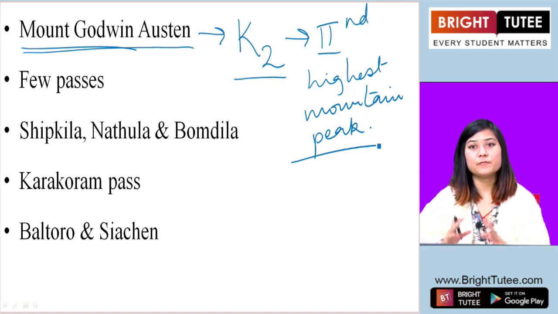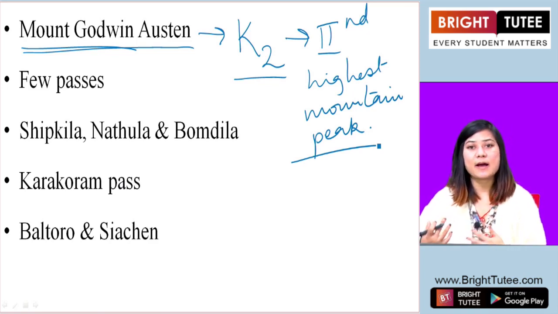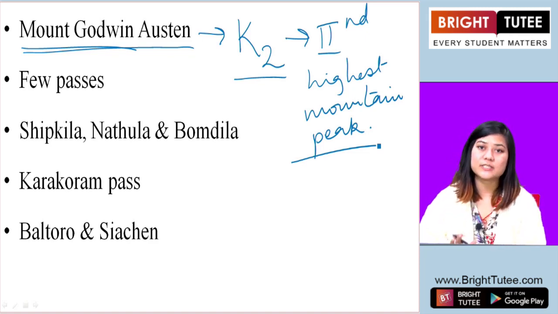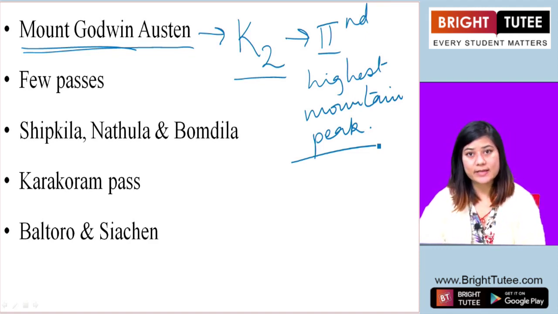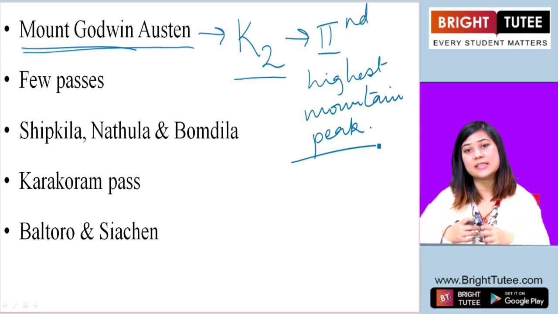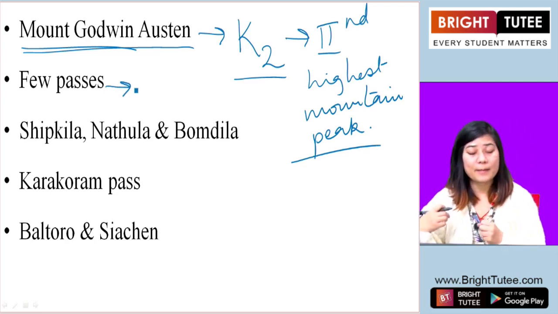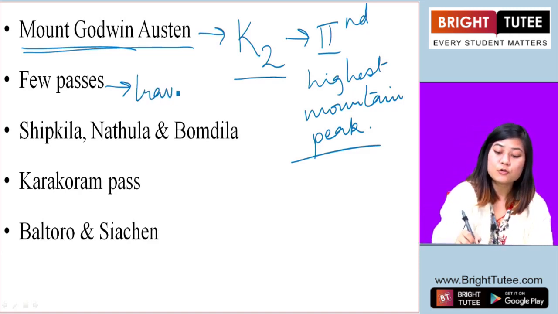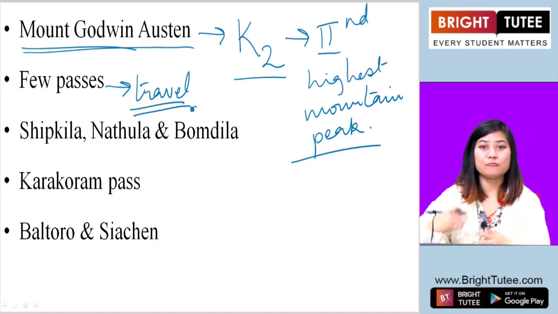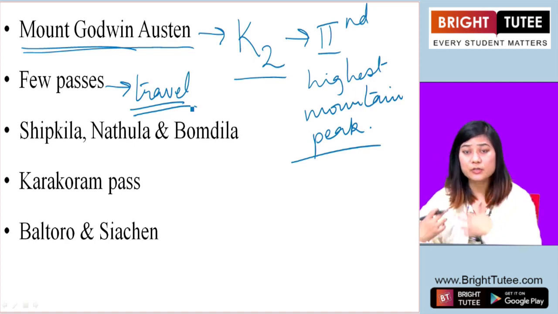But because of the terrain, because of this mountain range, these passes are not easy and most of them are blocked with snow, glacier, etc. So that is why there are only a few passes in the entire mountain range by the use of which people can actually travel through the mountain range and reach the other side or come from the other side to this side.